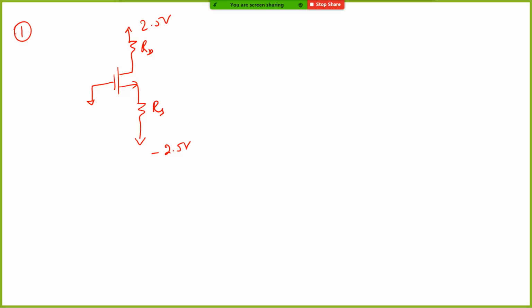Now for this problem, the required ID is 0.4 milliamp, okay, and VD, the drain voltage, is given as plus 0.5 volt, okay. So you need to design the circuit.